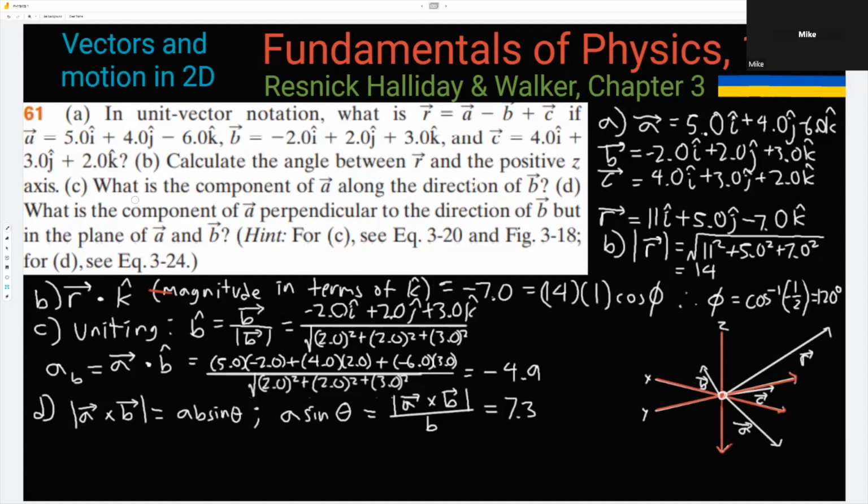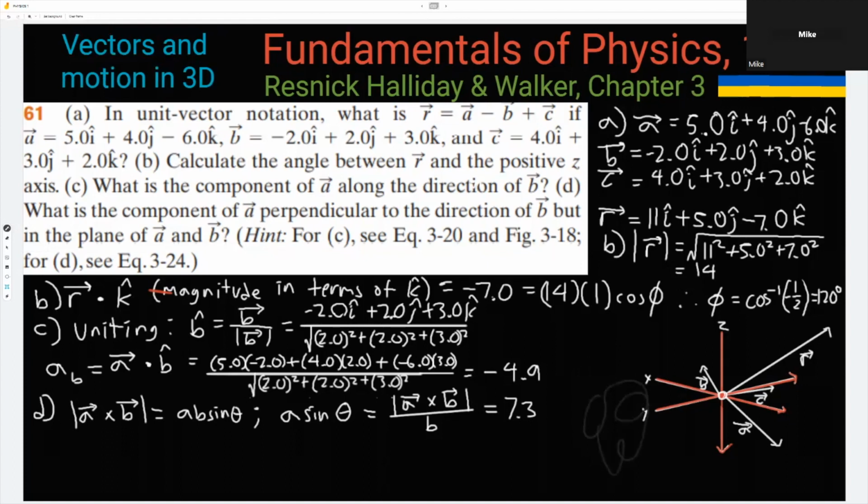Tapos, okay, check lang natin ano. 7. Okay, so A, yung B, 11 square plus 5 square plus 7 square.